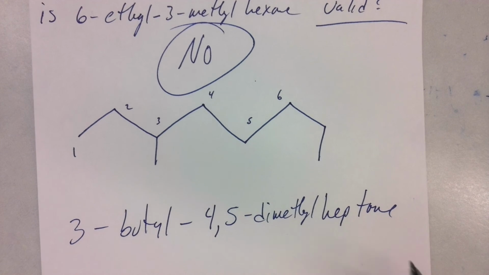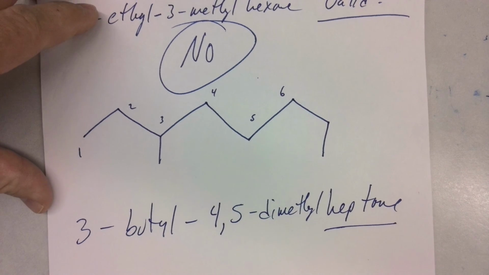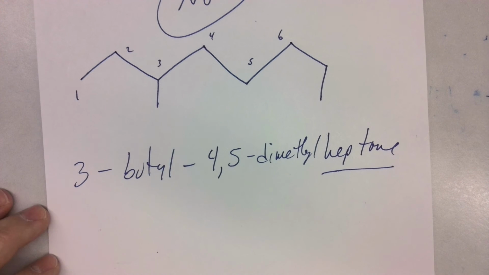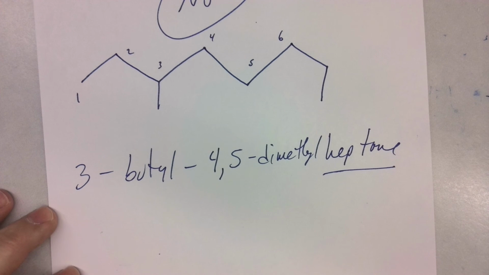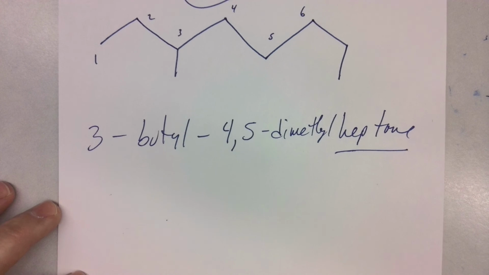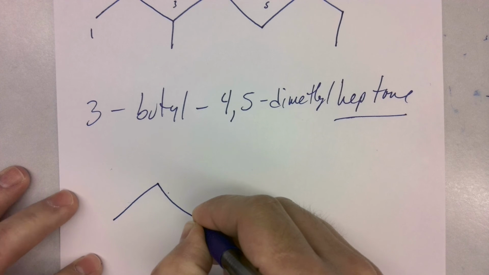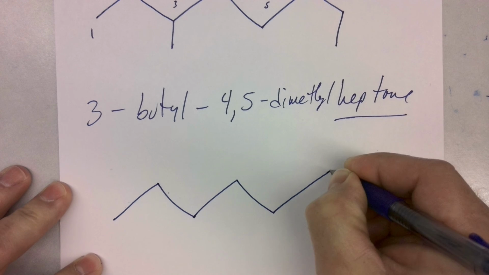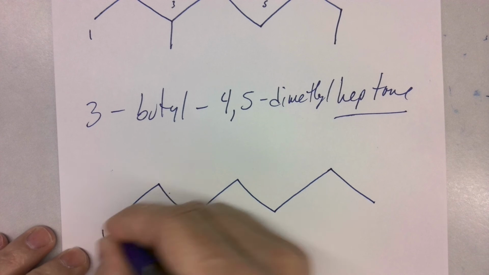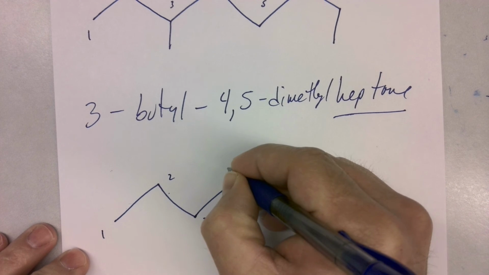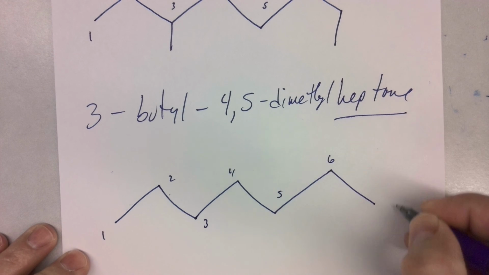Okay, so heptane gives me how many carbon backbone? What's hept? 7. So I got 1, 2, 3, 4, 5, 6, 7.